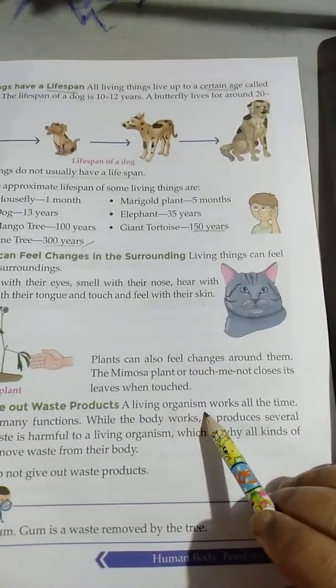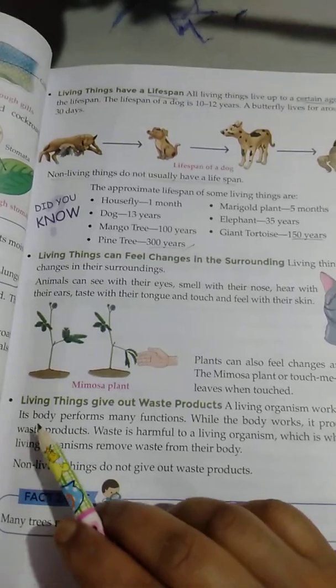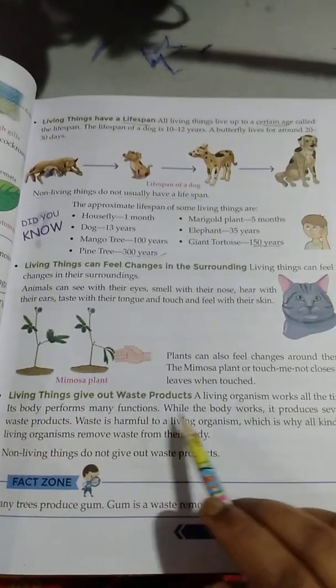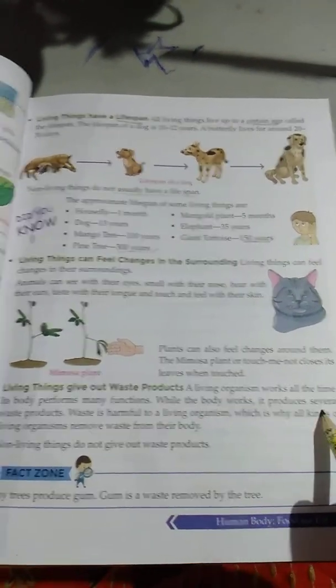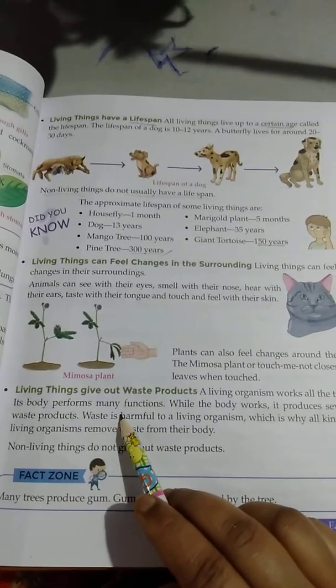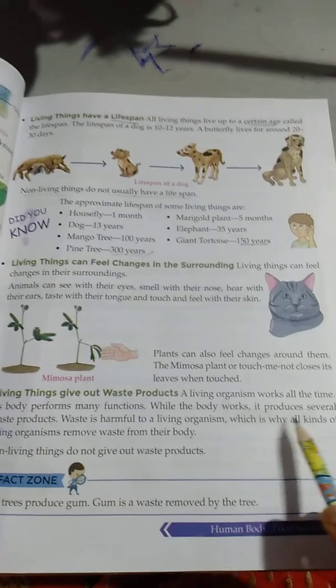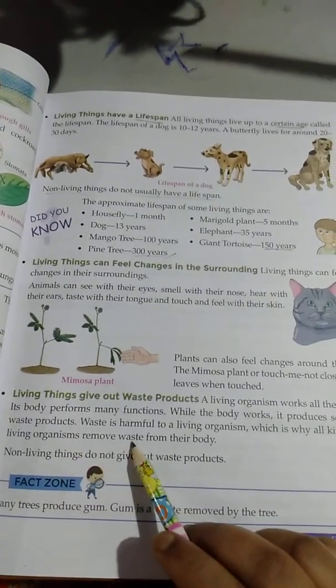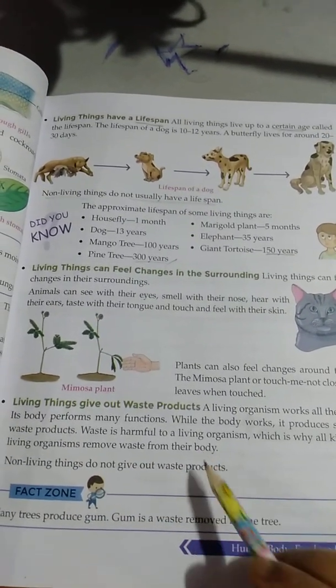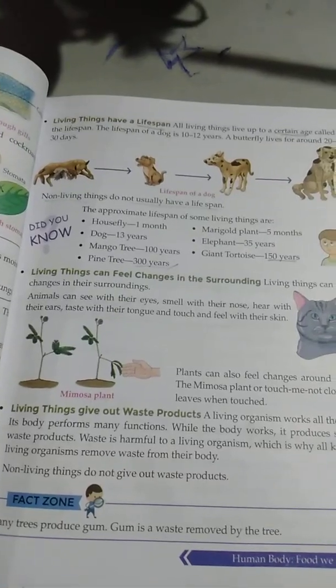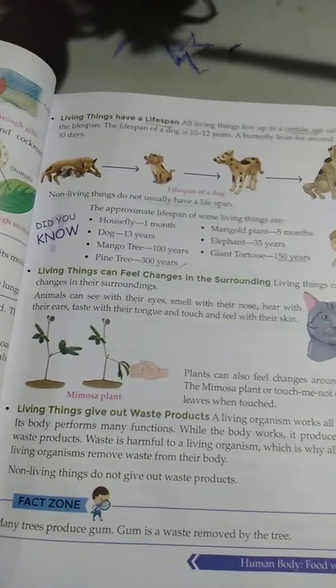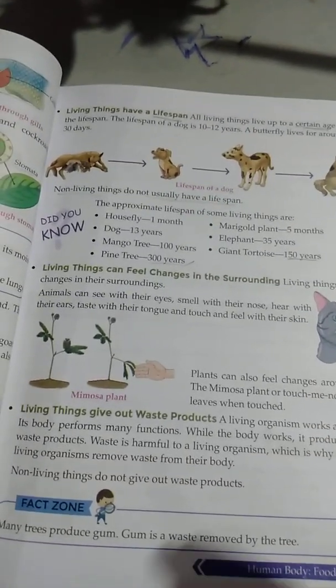So a living organism works all the time. Its body performs many functions. While the body works, it produces several waste products. Waste is harmful for living organisms, which is why all kinds of living organisms remove waste from their body. So anything which is waste in your body is harmful for your body, so it should be removed.